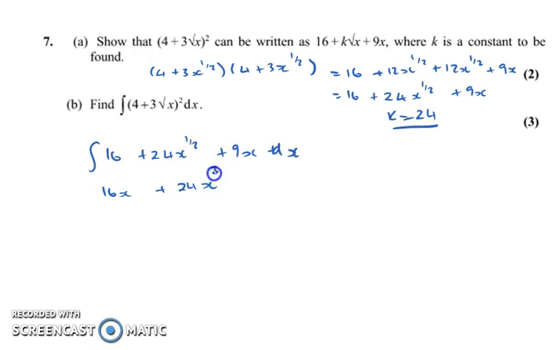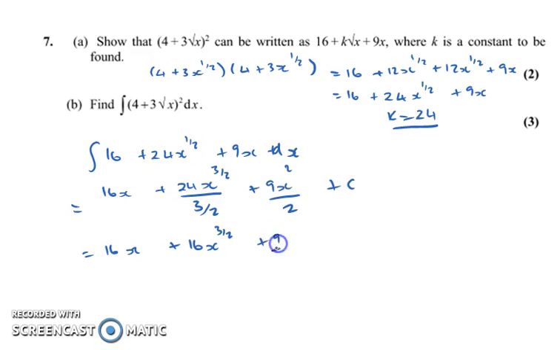A half, add 1 is 3 over 2, divide by that power. Add 9x squared, divide by that power, plus c. This simplifies to 16x, add 16x to the 3 over 2, add 9 over 2 x squared plus c.